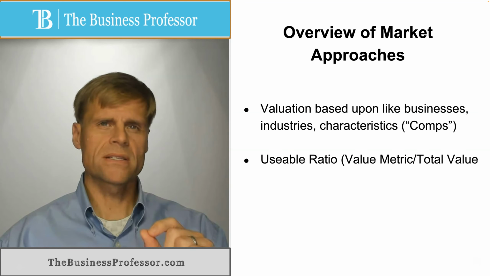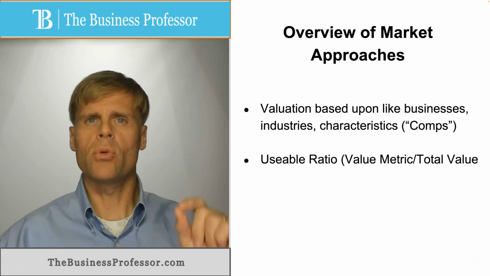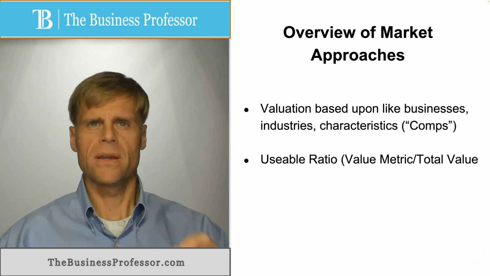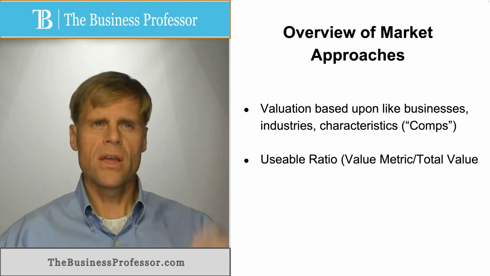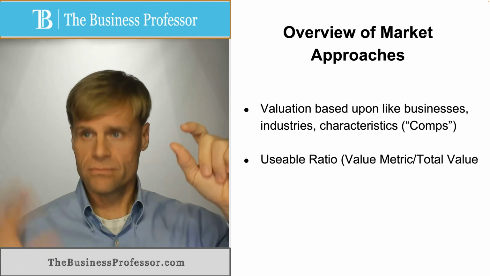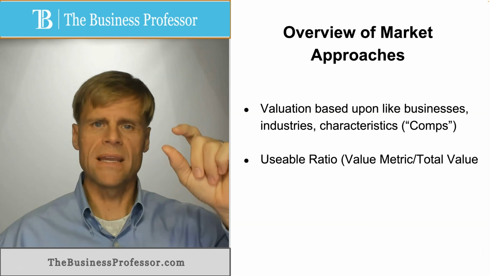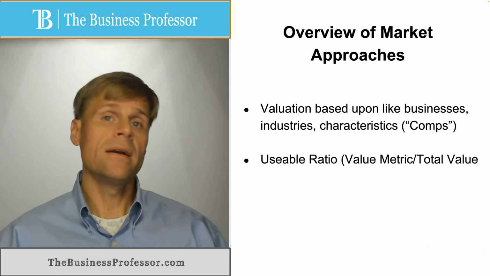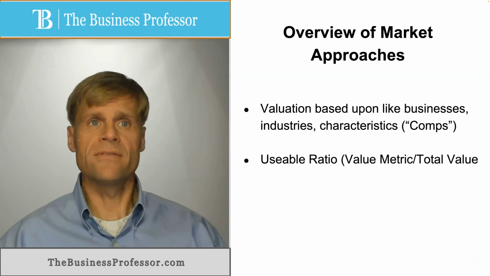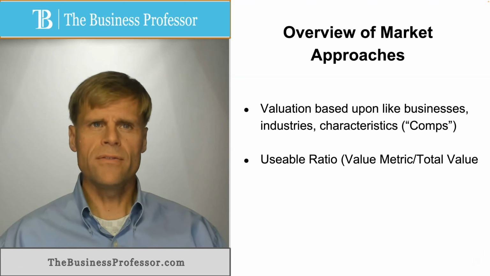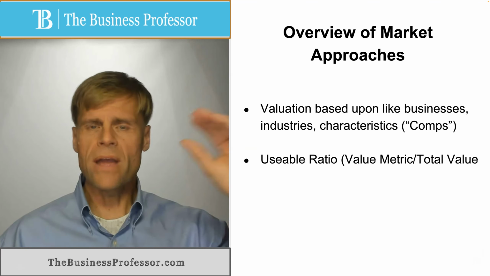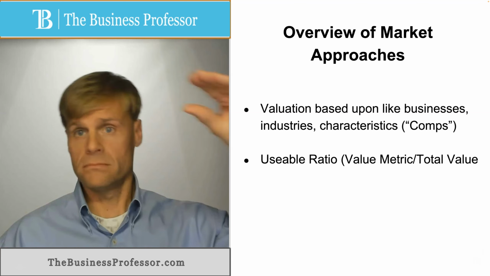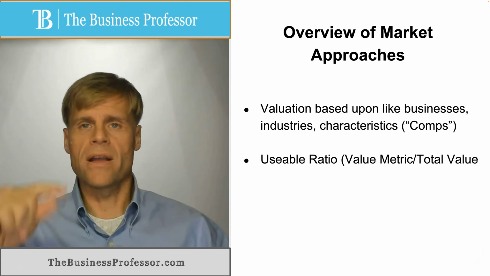What metrics give an identifiable performance measure? So once you've identified that metric, you will take that metric for the other comparable company and divide it by the total value of the company. So if you say the metric is revenue, you would say total revenue divided by total valuation.